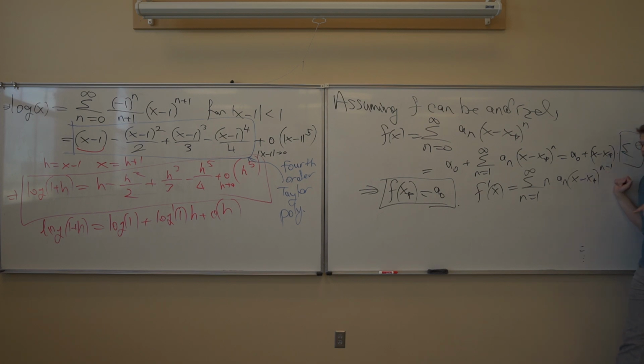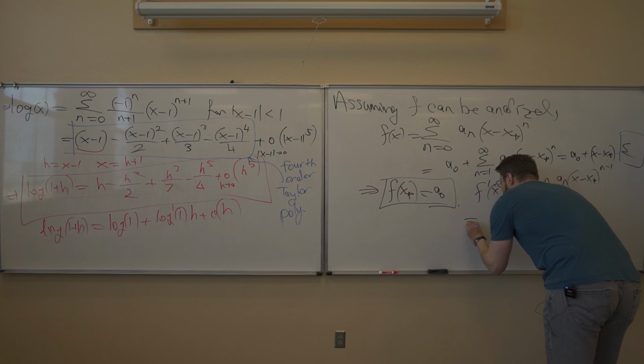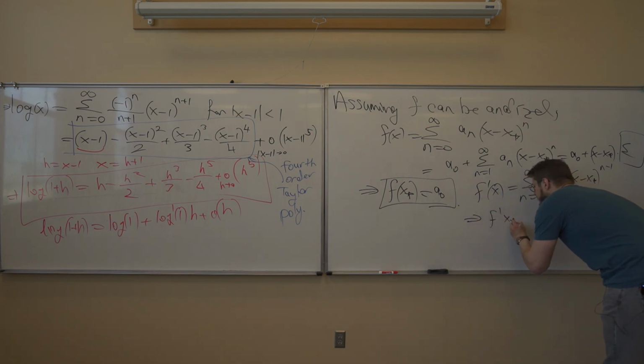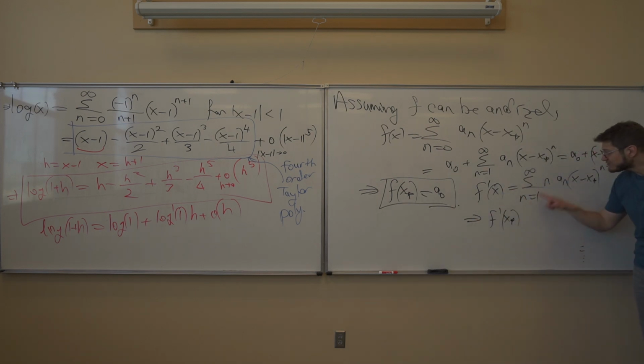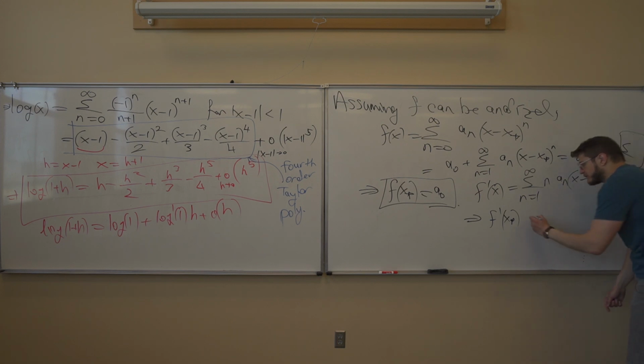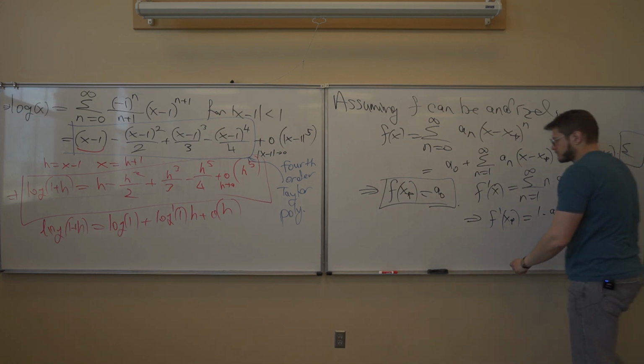So 1, 2, 3, and so on vanish, which means that f prime of x star has to be equal to 1 times a sub 1.